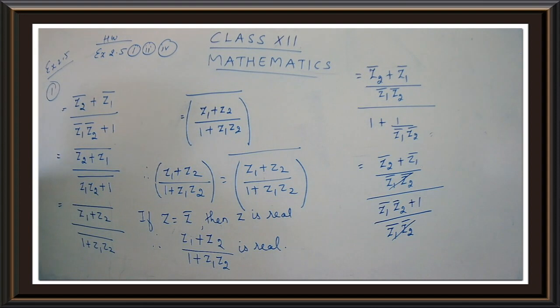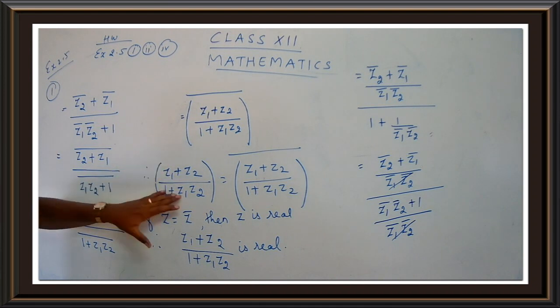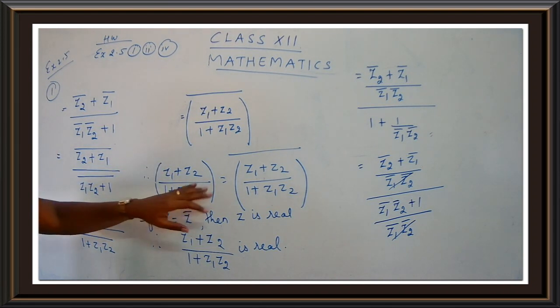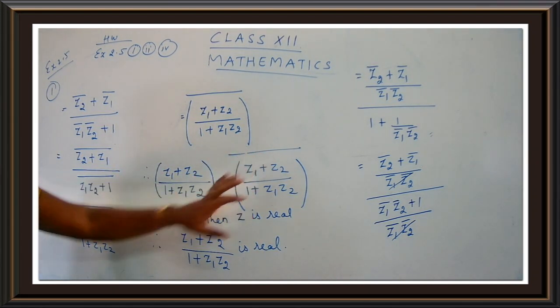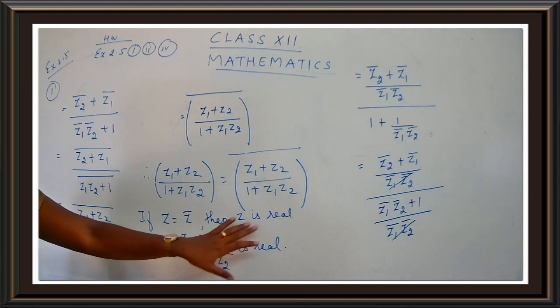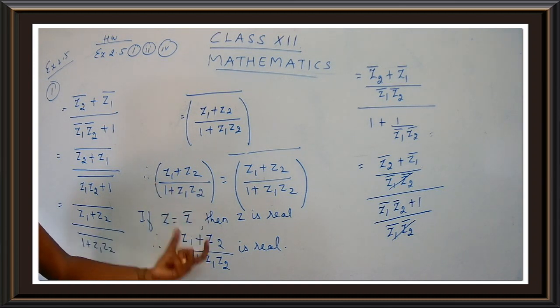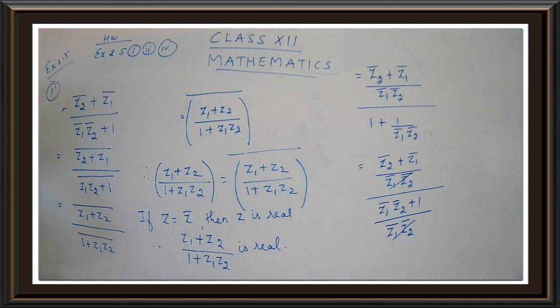We started with z1 plus z2 upon 1 plus z1 z2, and we got a conjugate of it. So if Z is equal to Z conjugate, you have to say that Z is real. So here what is Z? This part is Z. Yes, children? So you have to say this is real. z1 plus z2 upon 1 plus z1 into z2 is real. Let's go for the third question. I hope you have done it.